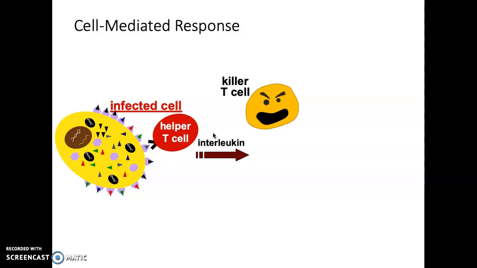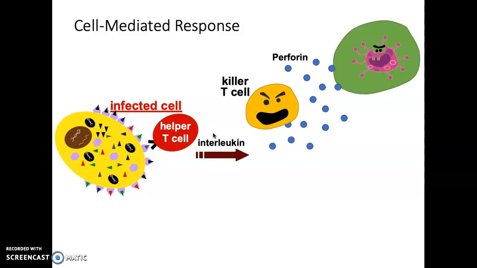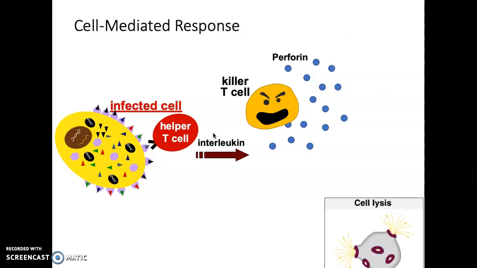It's no good. And once it finds a cell with those MHC antigens, it's going to release a chemical called perforin that simply takes that infected cell and destroys it. Basically, it bores holes into that infected cell until it lyses, till it bursts open, killing it. Pretty cool. It perforates it.